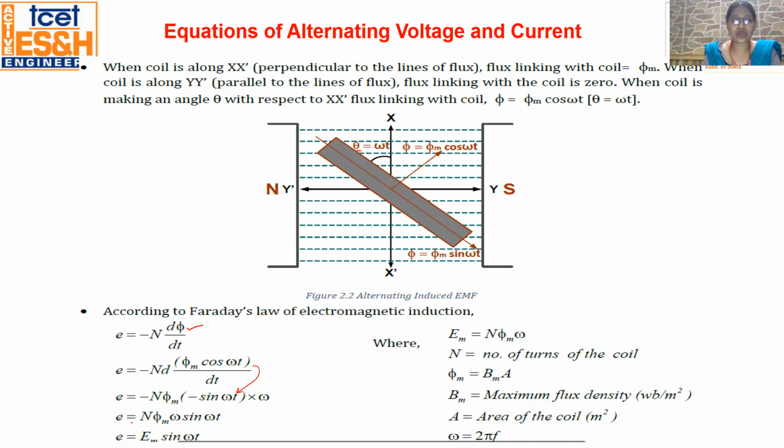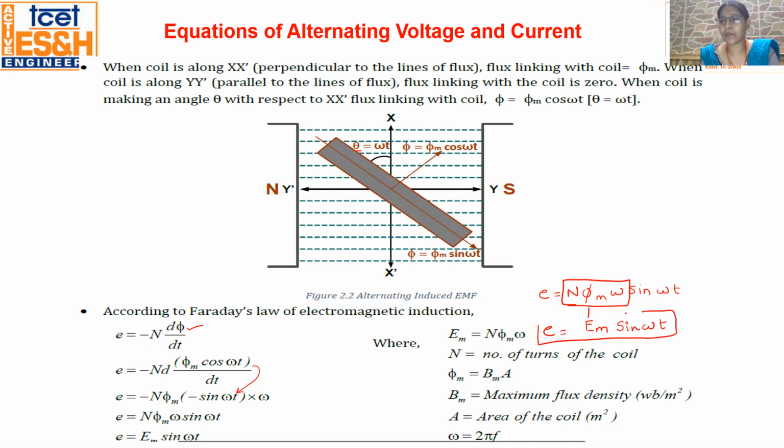So here we will get the equation E equals N phi m omega sine omega t. Now this complete part is nothing but the maximum amount of EMF generated when it rotates in a stationary magnetic field. So this is our final formula for EMF generation.